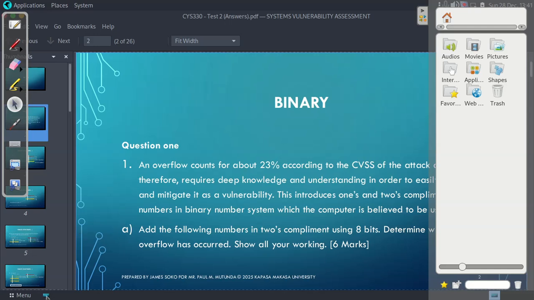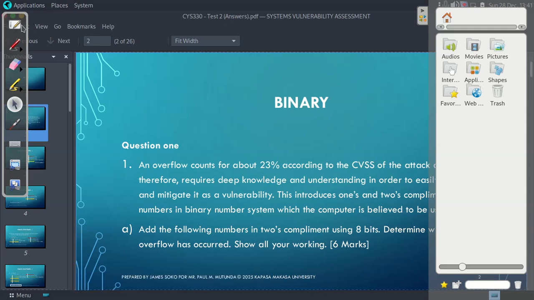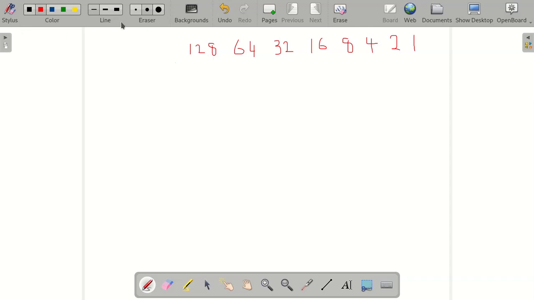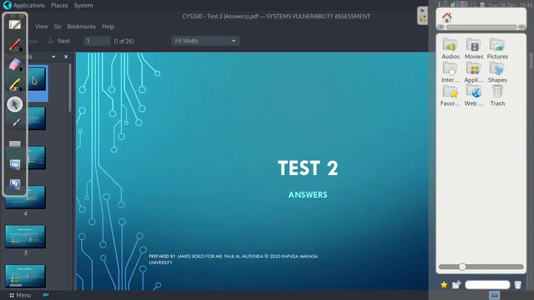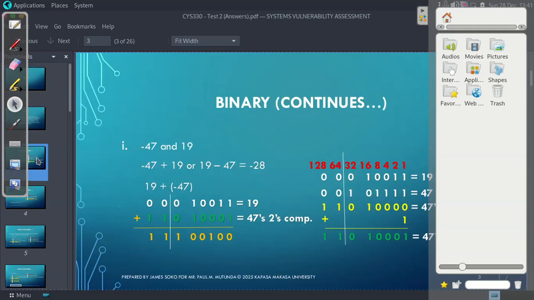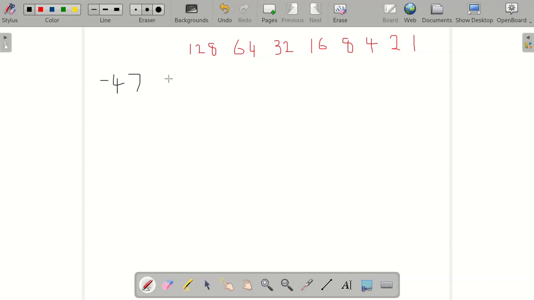So we have these 2 numbers: negative 47, and the other number, let me just confirm, is 19. So we are adding, plus 19.